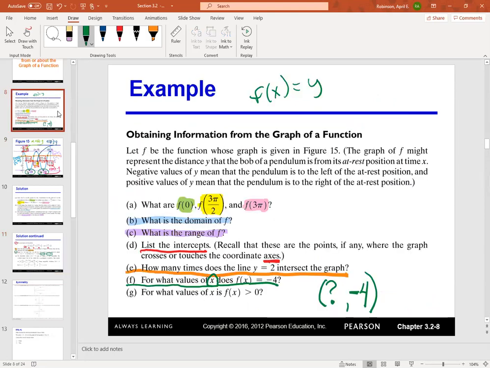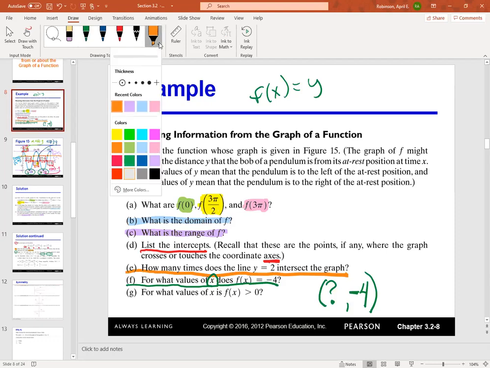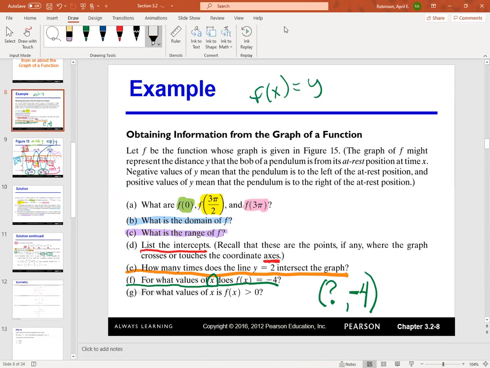And the last one is G. For what values of x is f of x greater than 0? Okay, so we're looking for y's that are greater than 0. We're looking for all points that have a y coordinate that's greater than 0.